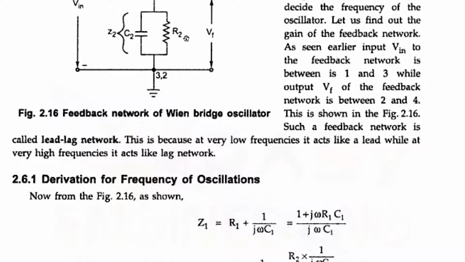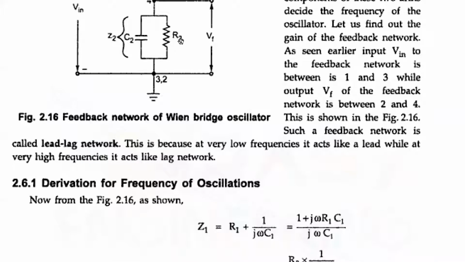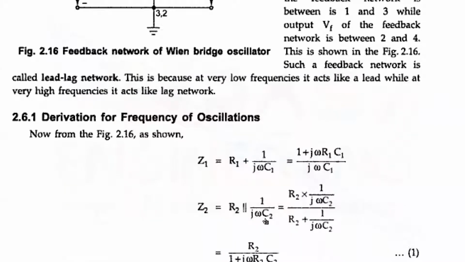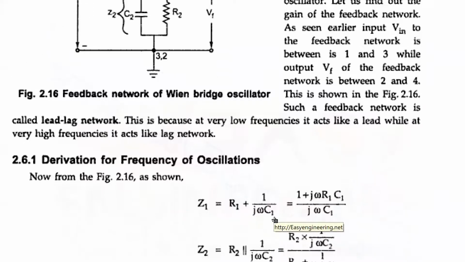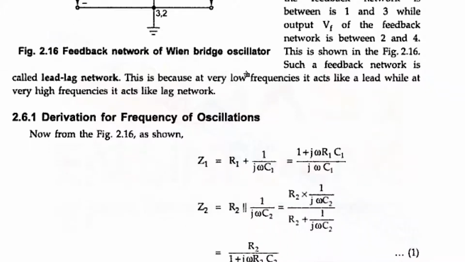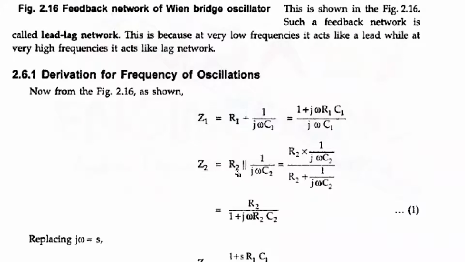Likewise Z2 means R2 in parallel with 1 by j omega C2. What is the parallel formula? This impedance into this impedance divided by the sum of the two impedances. Very famous formula: product by sum. So R2 into 1 by j omega C2, divided by R2 plus 1 by j omega C2.